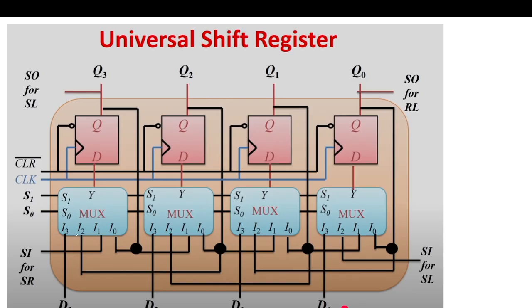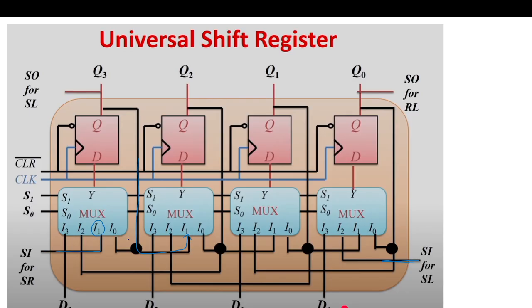So what will be the internal circuitry? For that, we need all the 4 inputs. Serial input is coming here. If this is the serial input, then this output should be connected here.